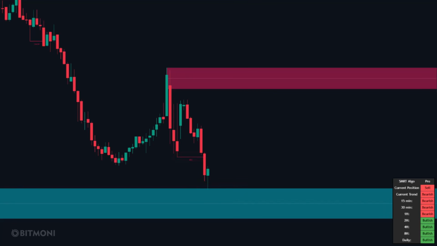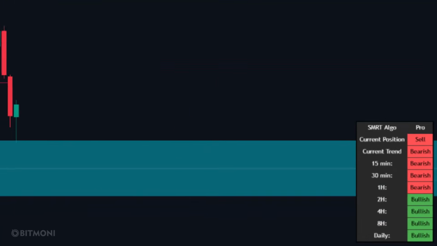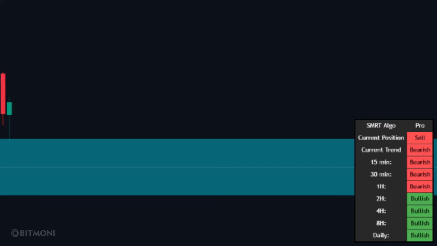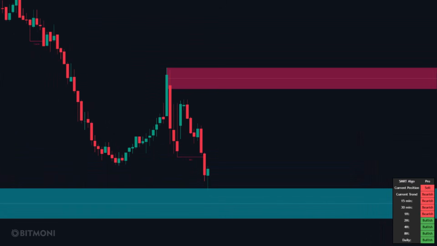I also check higher time frames by looking at the dashboard to know if the higher time frame trend aligns with my analysis. This enables me to see the overall trend. As you can see here, the higher time frames are bullish, starting from the 4-hour to the daily time frame, all aligning with our setup. Now, before we can confidently take trades here, we need to see a strong bullish candle to be sure that the momentum has shifted to the upside.